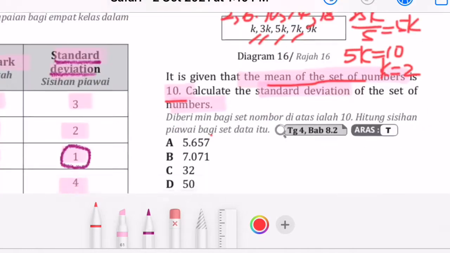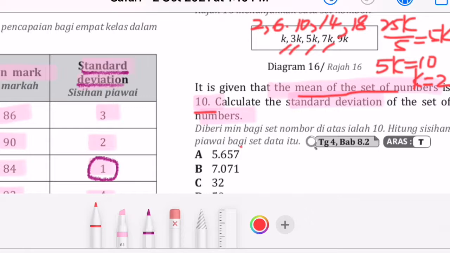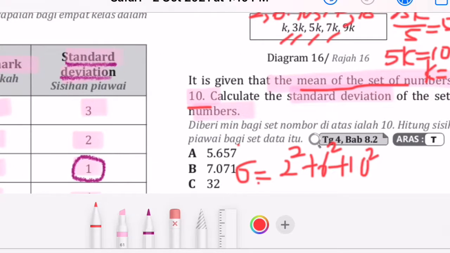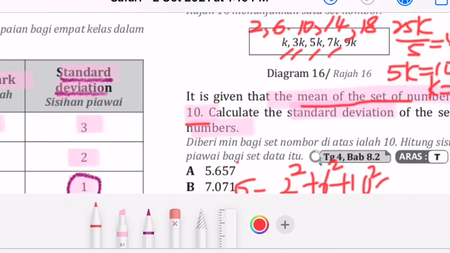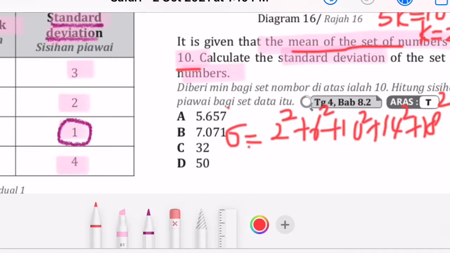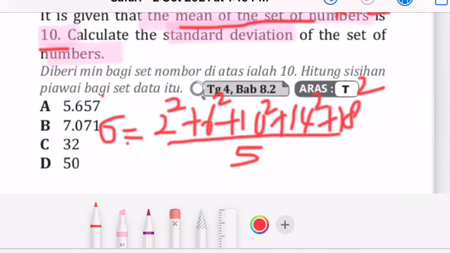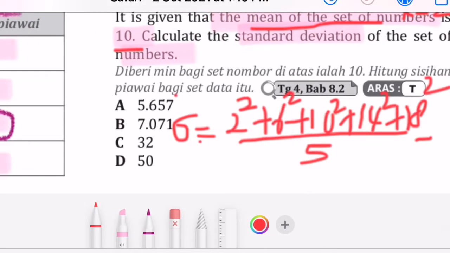How to find the standard deviation: we have to take 2 squared plus 6 squared plus 10 squared plus 14 squared plus 18 squared, and then we divide by how many data? 5, and we have to minus the mean squared.